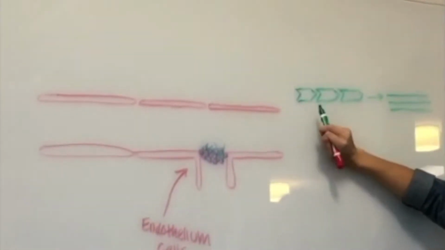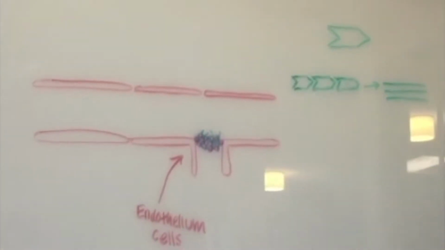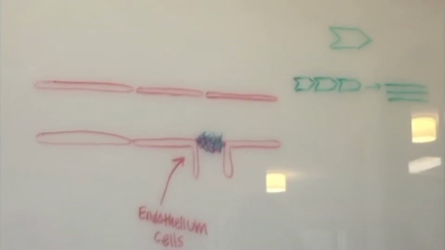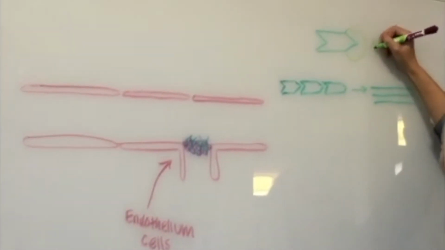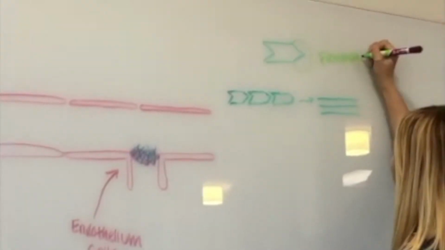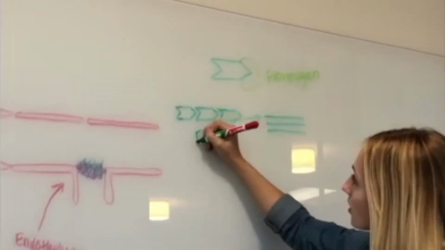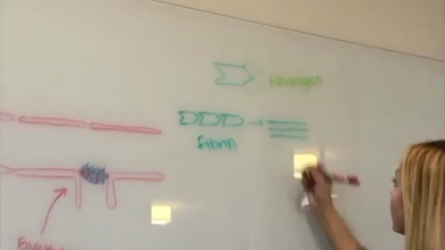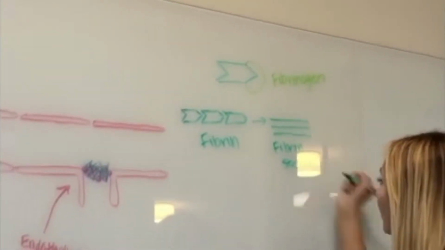So before they even turn into fibrin, they have a piece that covers their active site, just like that. And this is called fibrinogen. And then later on, this fibrinogen turns into fibrin, which then turns into fibrin strands.